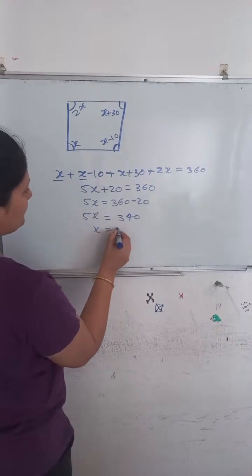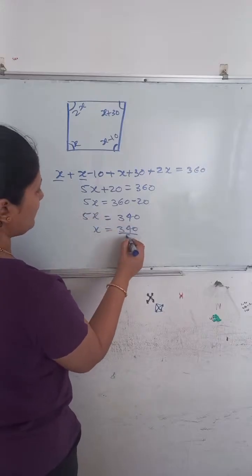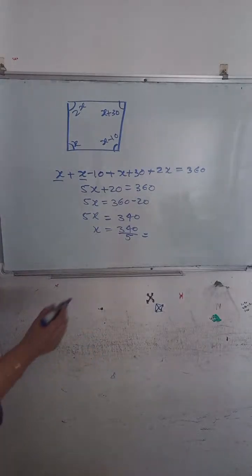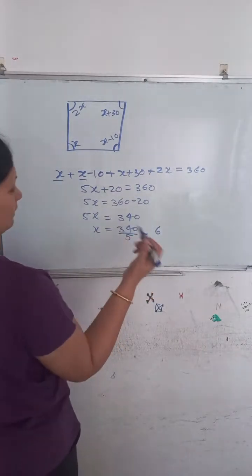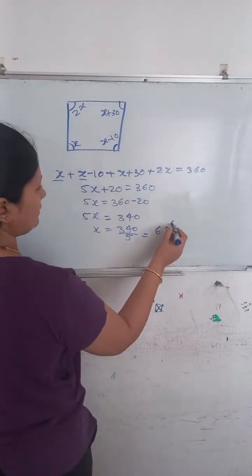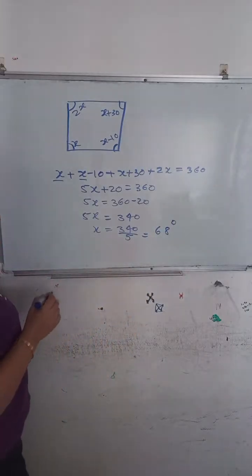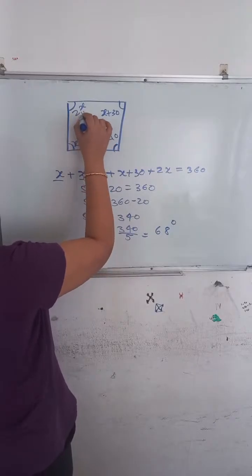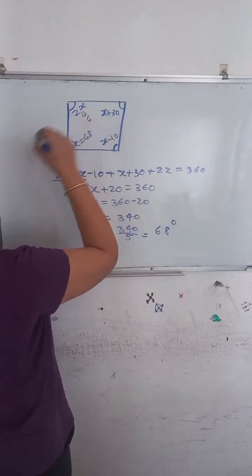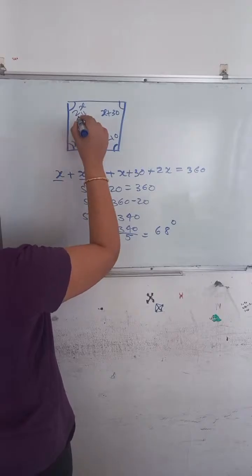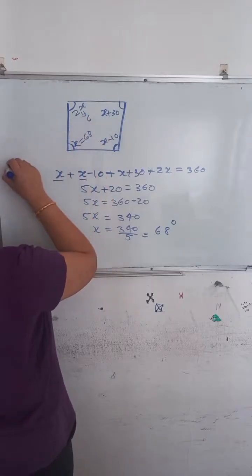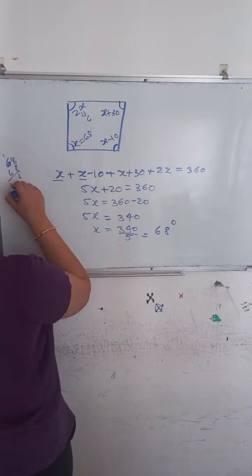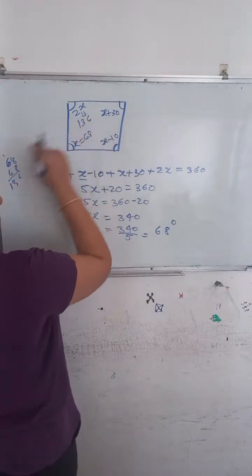So 5x is equal to 360 minus 20, that is nothing but 340. Okay, so x is equal to 340 by 5. So x is equal to 68. So this angle you will get 68. Double of 68 is 136.